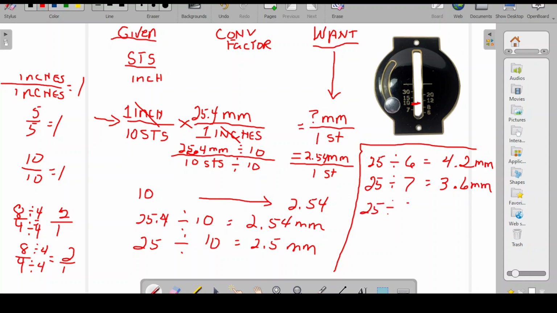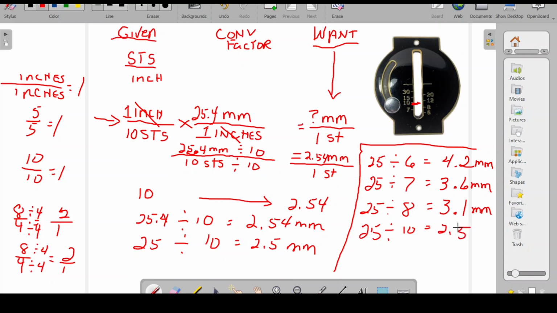25 divided by 8 is, well, 8 times 3 is 24, so it's 3 point, a really small decimal. 25 divided by 8 is 3.125. So we'll just say 3.1. 25 divided by 10, we already did, it's 2.54.